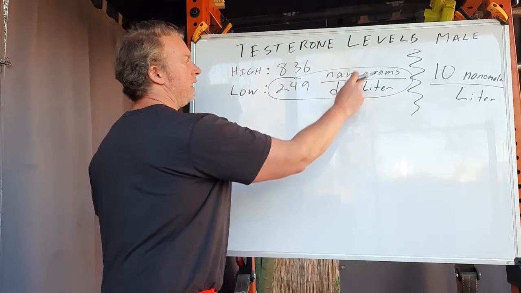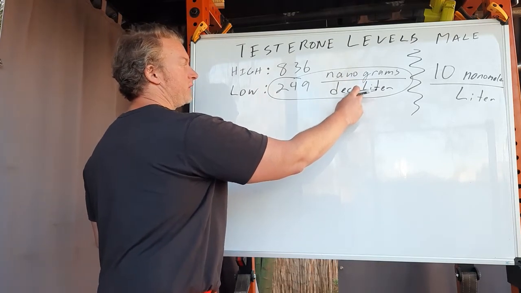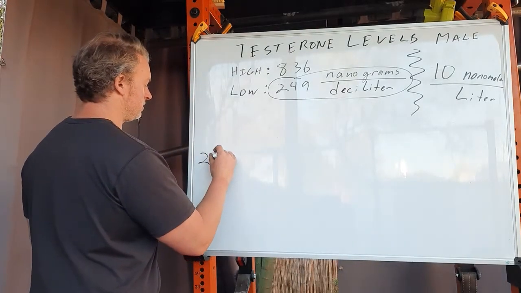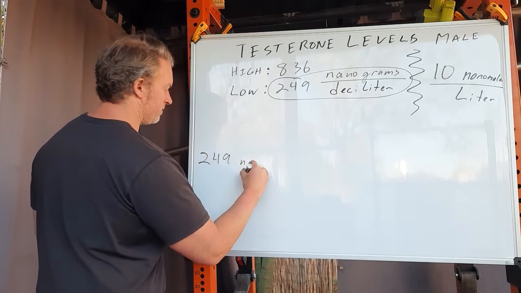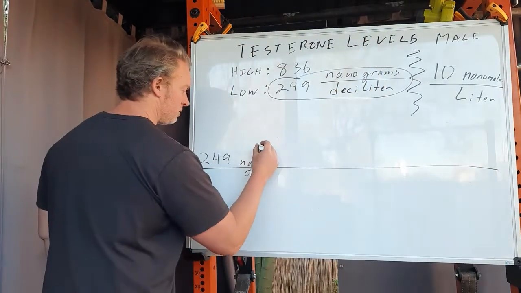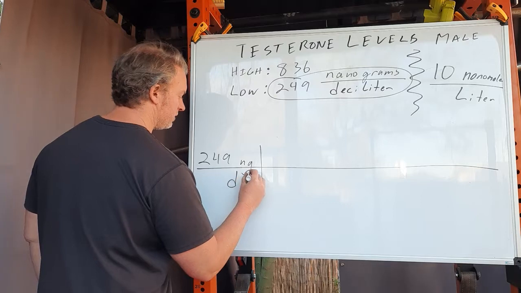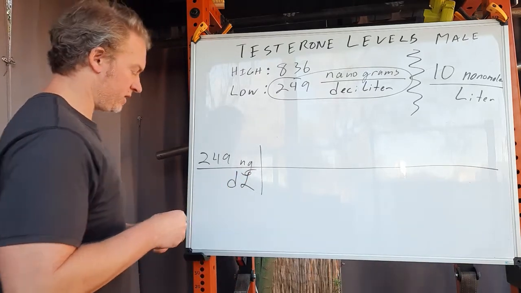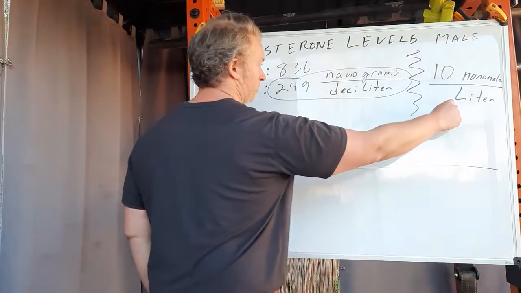Let's start with that in our scaffold: nanograms per deciliter. And at the end, we want our units in nanomoles per liter.